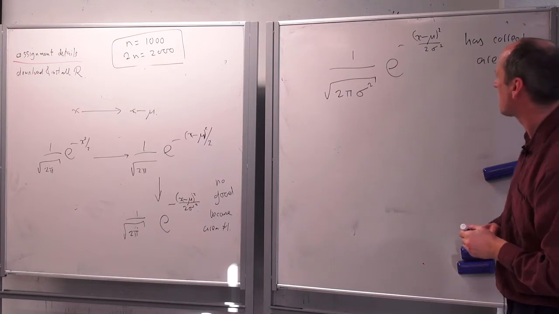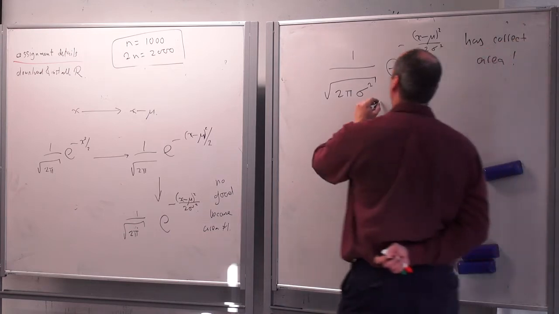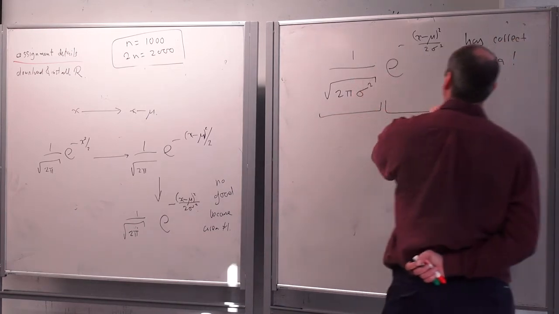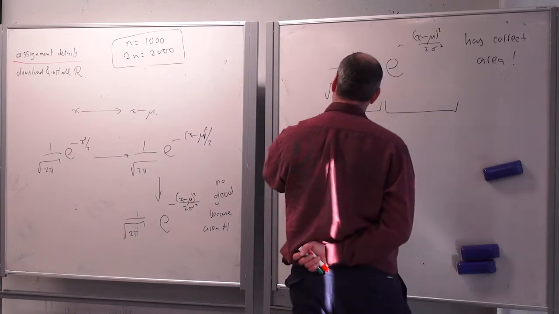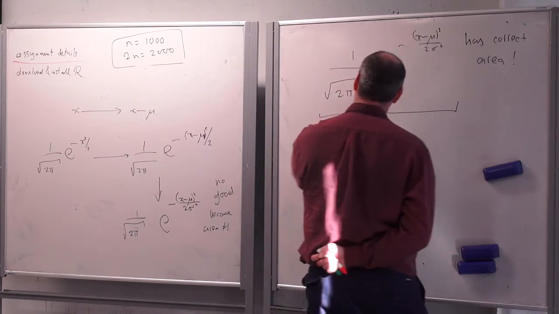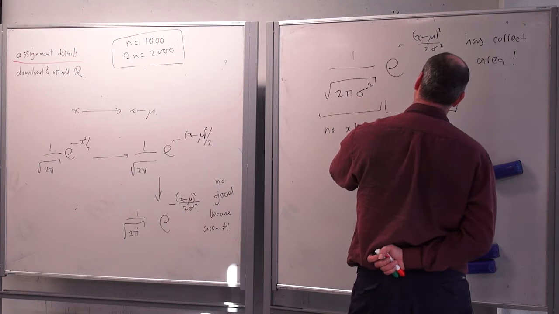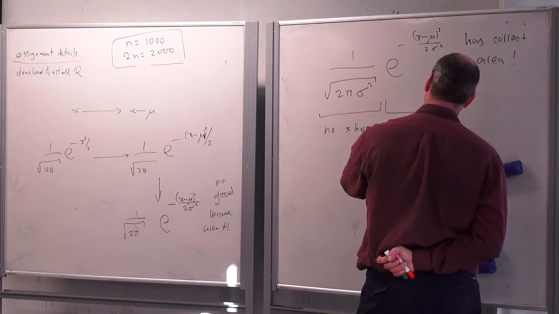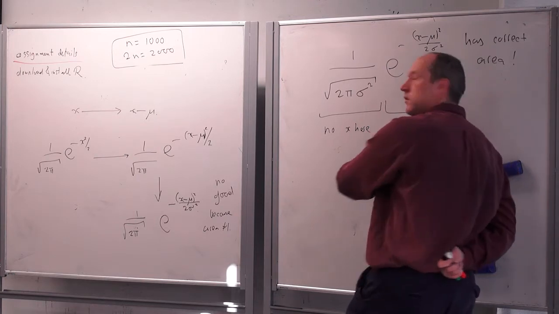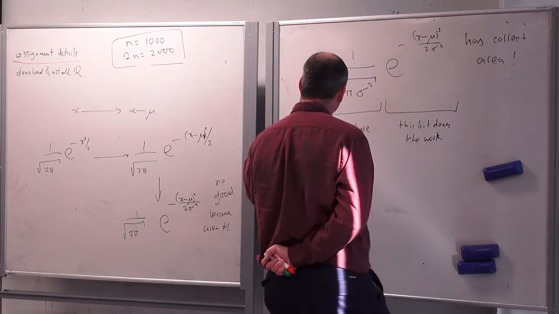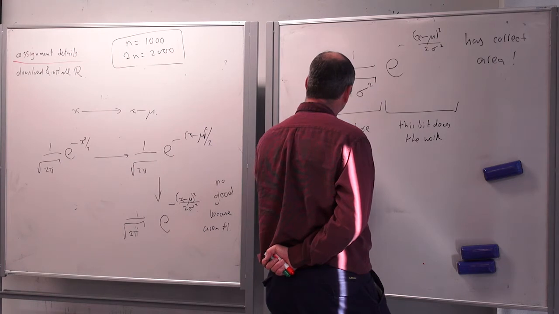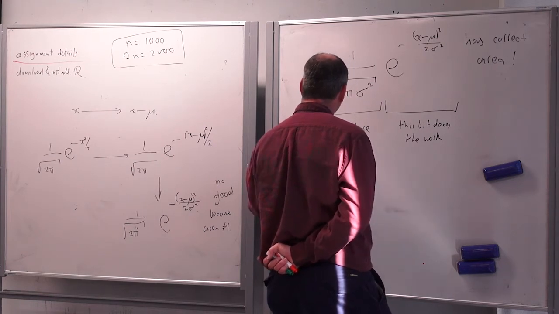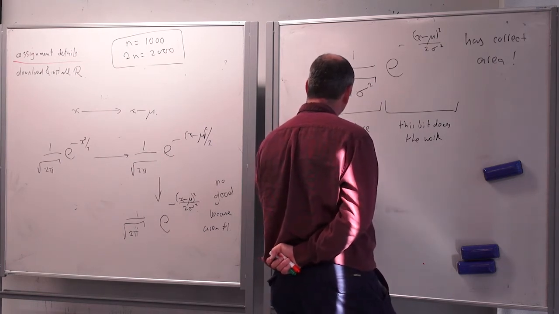There it is. So again, we've got this split into 2 bits. There's no x here. This bit does the work. This bit ensures the area equals 1.